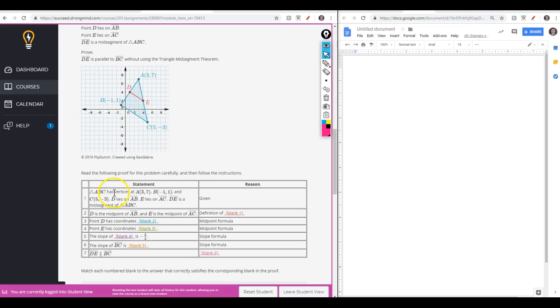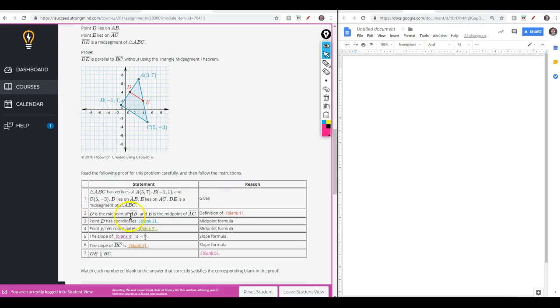So just going through this, triangle ABC has vertices at A (3, 7), B (-1, 1), and C (5, -3). D lies on segment AB, E lies on segment AC, segment DE is a mid-segment of triangle ABC, so they just restated what was given. That is the reason.